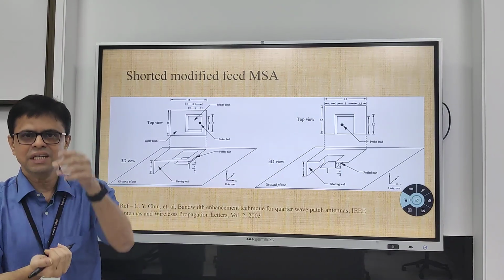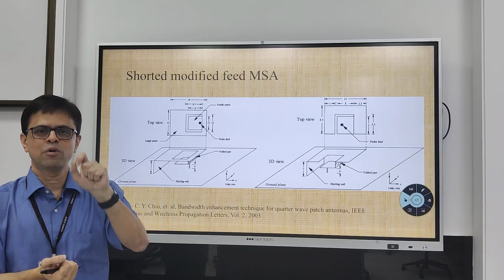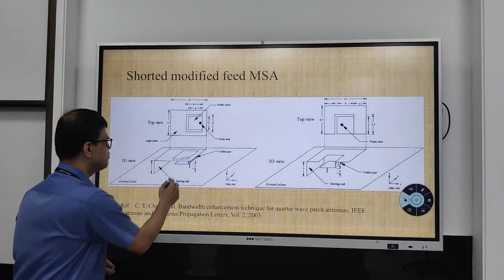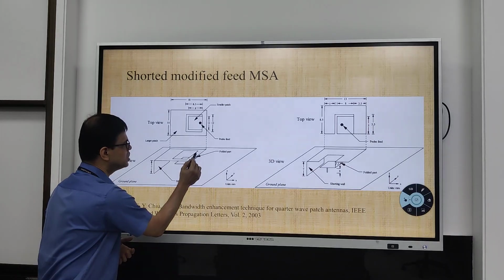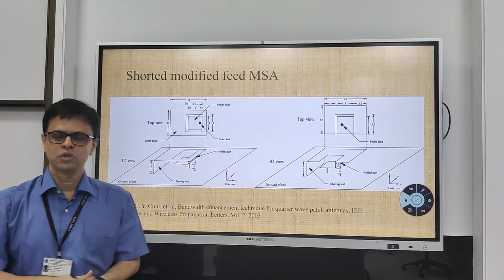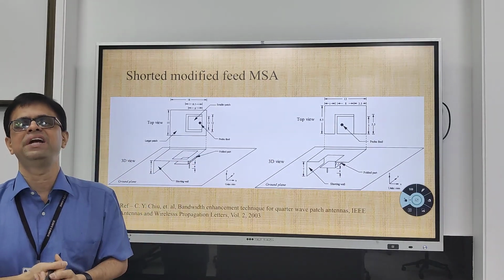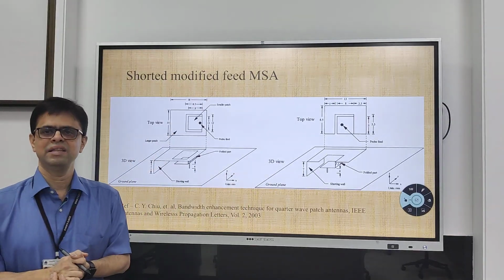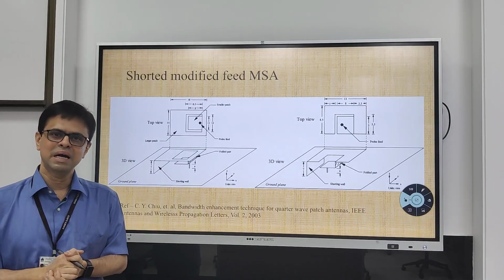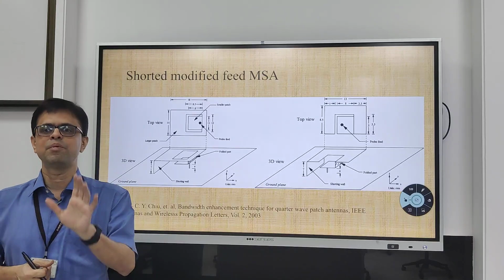That creates a lower value of the probe inductance, but still you are effectively feeding the antenna on a thicker substrate because this vertical section is directly connected to the patch. Using this modified L probe feeding technique, and the other configuration is along similar lines, you can increase the antenna bandwidth by compensating the probe inductance.